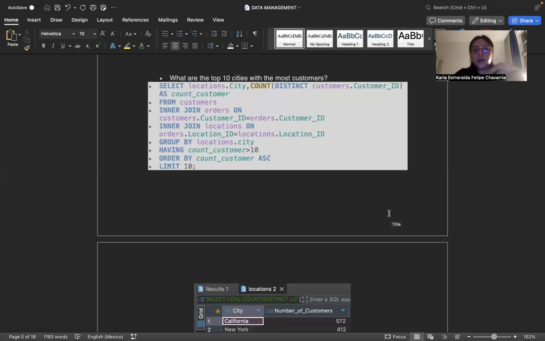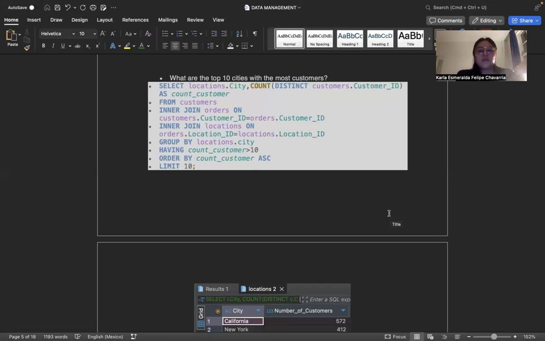Then I group everything by the city, because it's again what the question requires. And then we add the filter of having, because as the question says, we only need the top 10 cities of the customers.